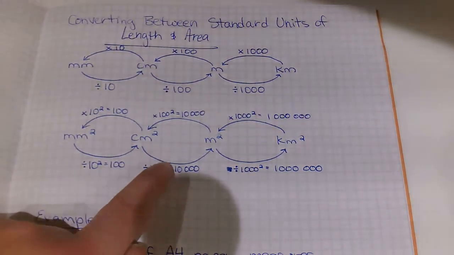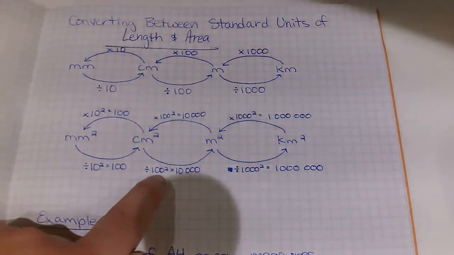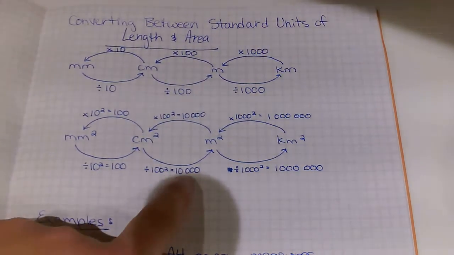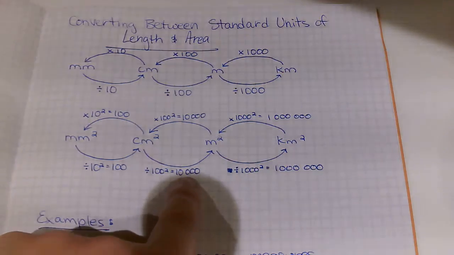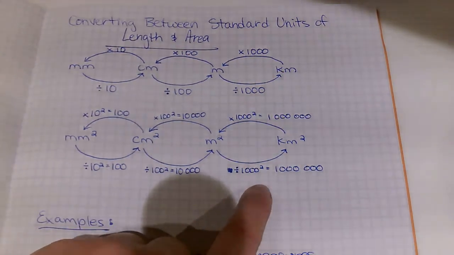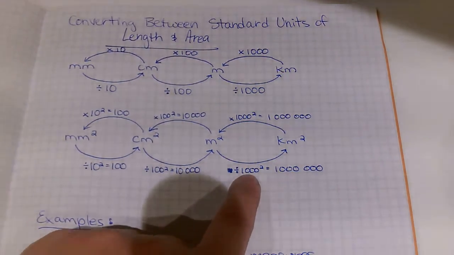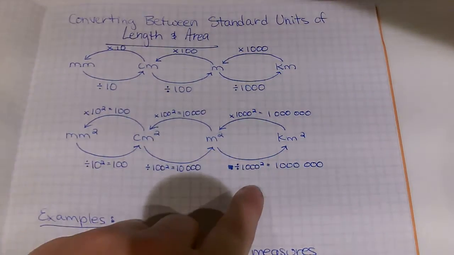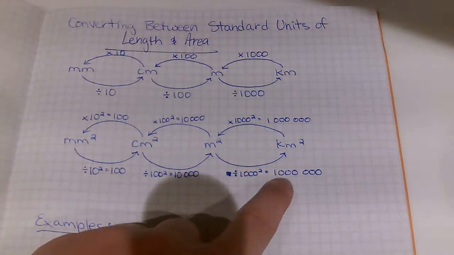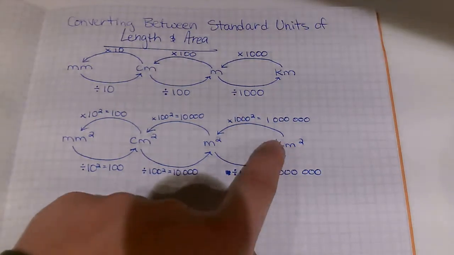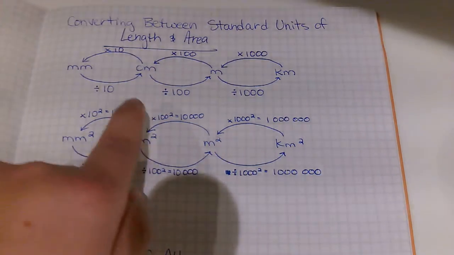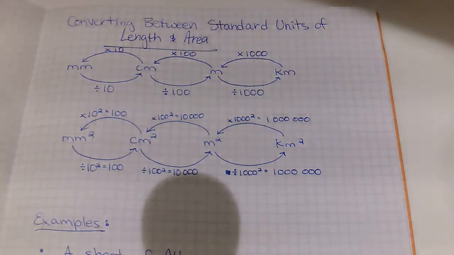Okay, and from centimeters to meters, instead of dividing by 100, we're going to square it and divide by 10,000. To go from meters to kilometers, instead of dividing by 1,000 like we would normally, we're going to square that 1,000 and divide by 1,000,000. Okay, and same thing going backwards, but we're multiplying instead of dividing.